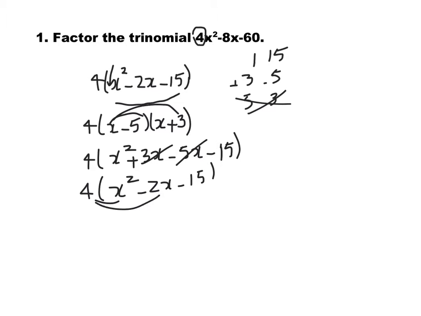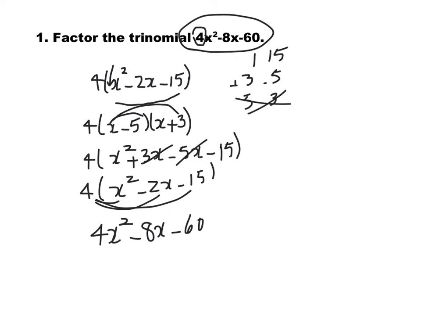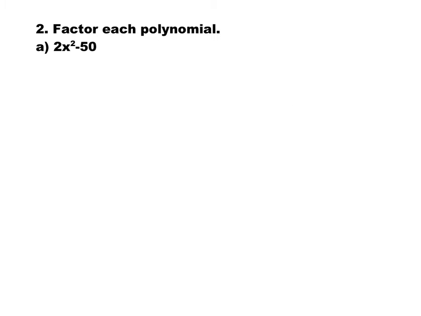Now if I expand this bracket, 4 times x is 4x². 4 times negative 2x is negative 8x. And 4 times negative 15 is negative 60, which is exactly the same thing that we had before. So right now we did the common factor and then we used the same technique we had, sum and product.